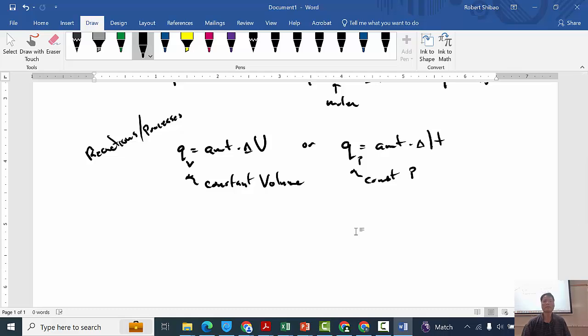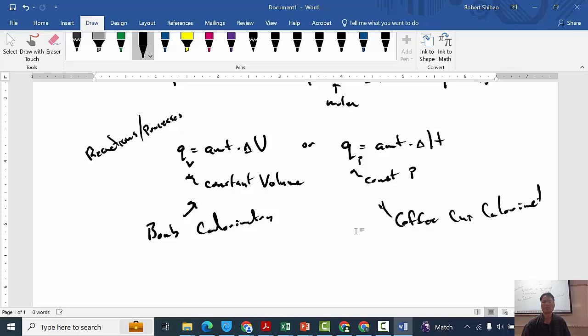So today we're doing what we call bomb calorimetry. This over here is coffee cup calorimetry. And so why do we have to use a bomb? This is kind of the anti-bomb calorimetry.